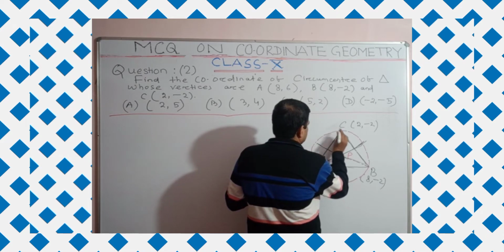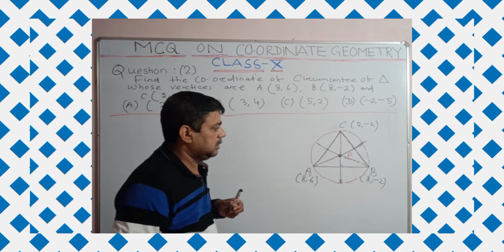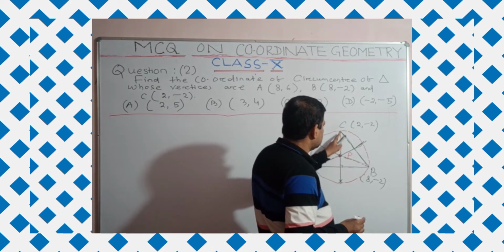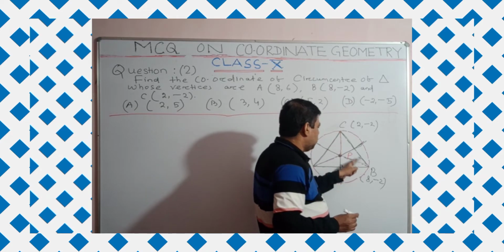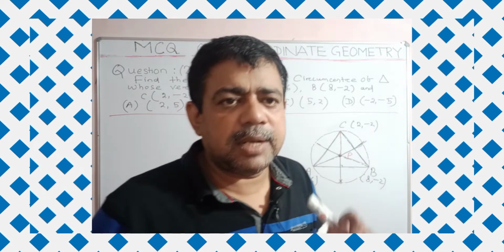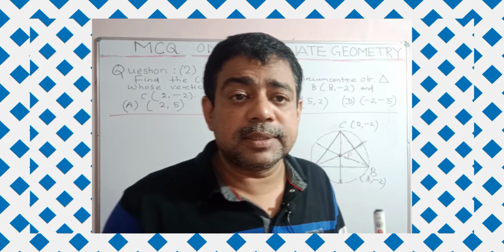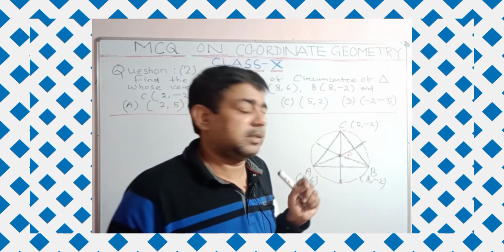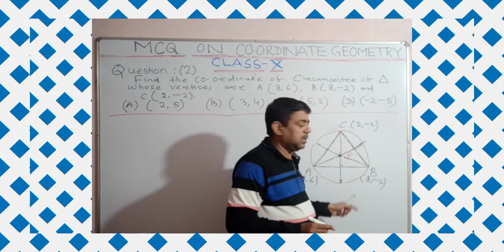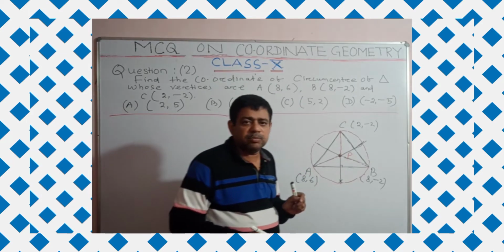Is it clear? Then a circle can be drawn which touches the three vertices of the triangle. This circle is known as the circumcircle and the point P is known as the circumcenter.